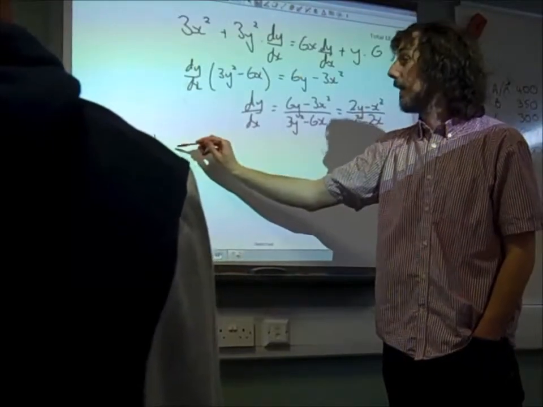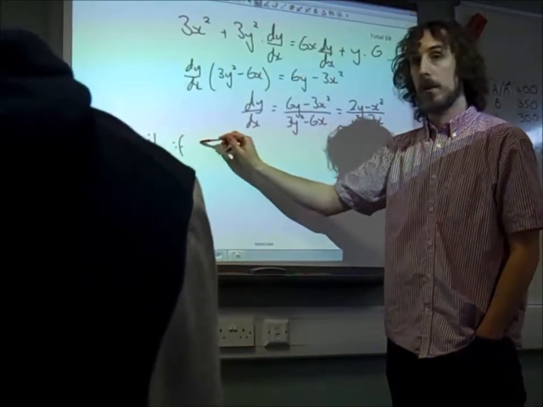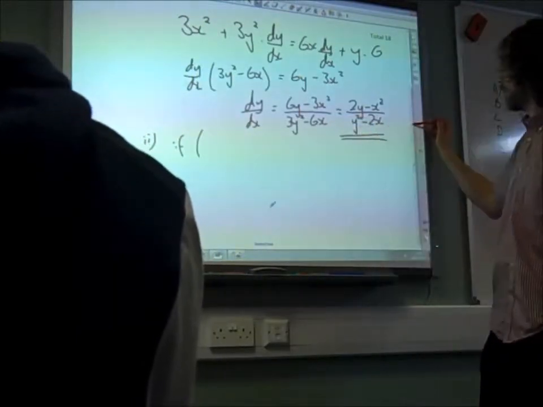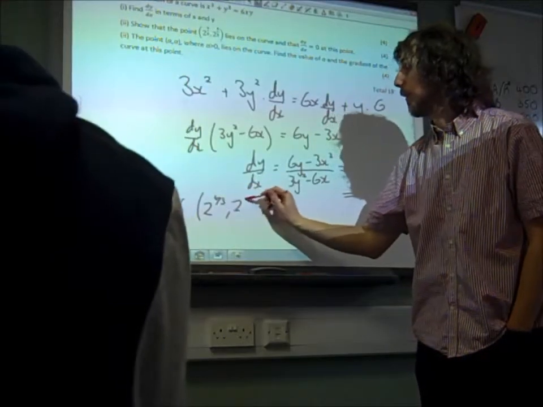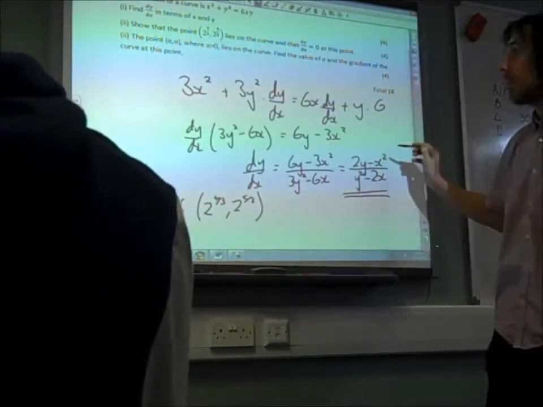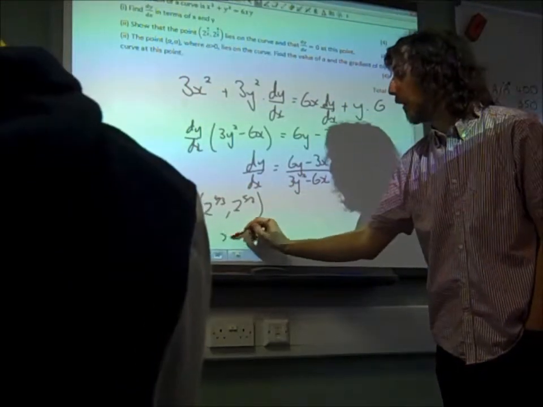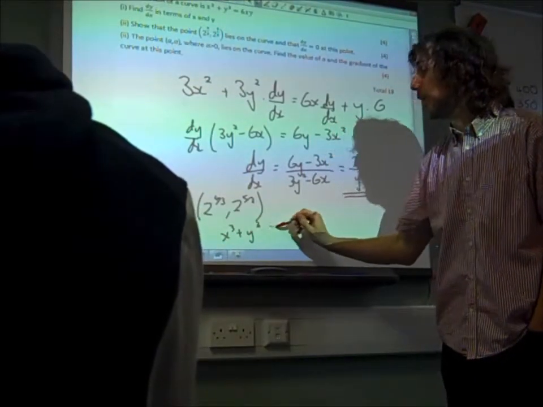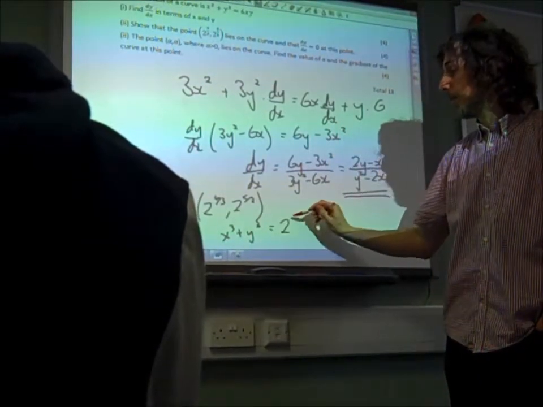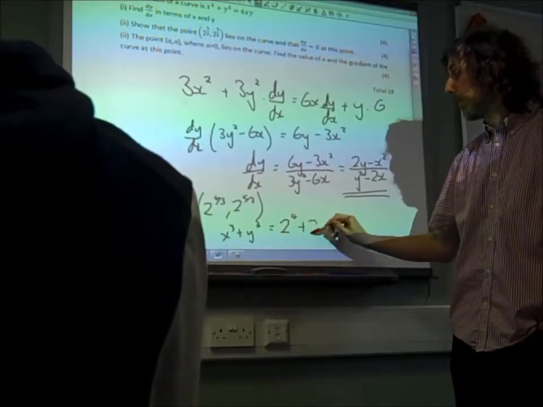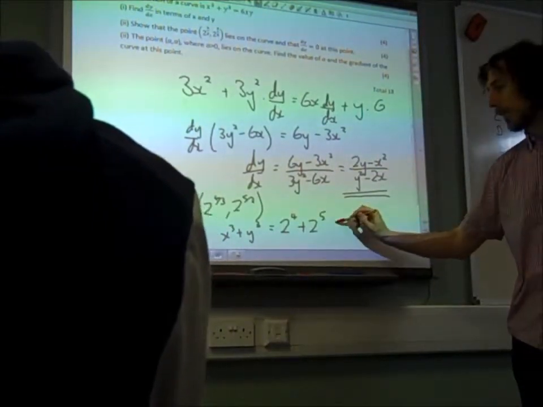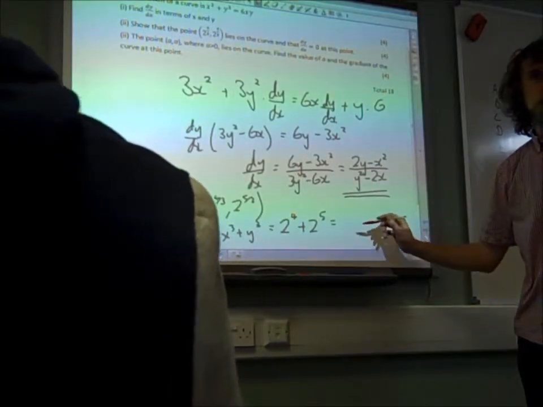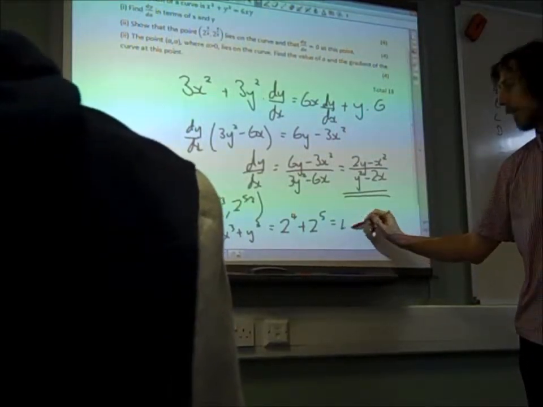So if we take the point that we got, which was 2 to the 4 thirds, 2 to the 5 thirds, and we sub that in, then that will give us x cubed plus y cubed is 2 to the 4 plus 2 to the 5, which is 48.